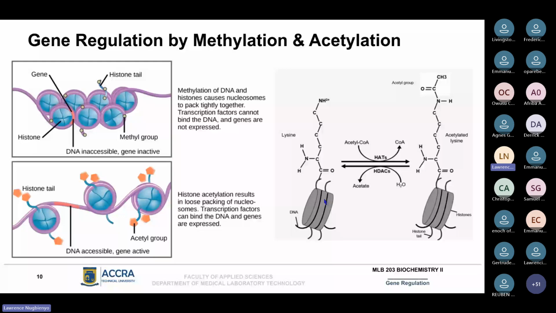And we see that there are some lysine residues, the amino acid lysine, also depicted in this model for you to see clearly that these lysine residues have extra amine groups in them.